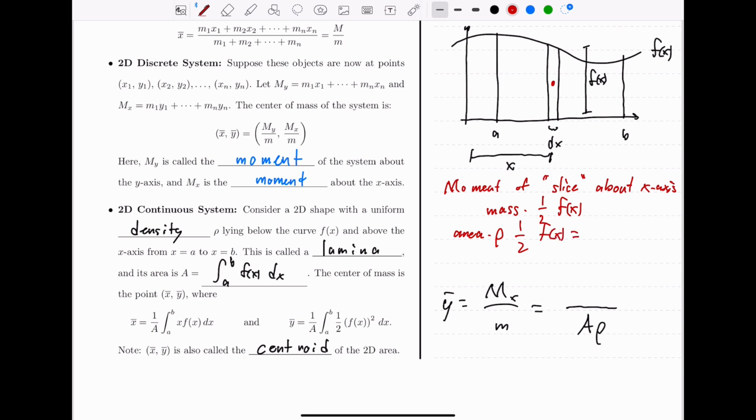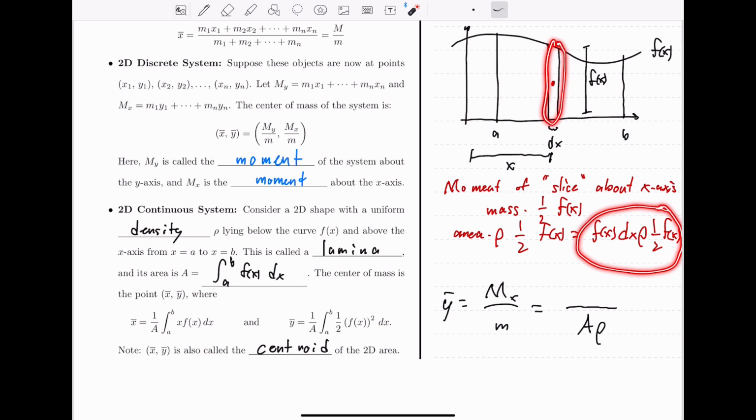The area is once again simply the height of the rectangle, f of x, times its width. So area is once again f of x times dx. So we have f of x dx times rho times 1/2 f of x. Rather a complicated expression. This is the expression for the moment of an individual slice about the x-axis.